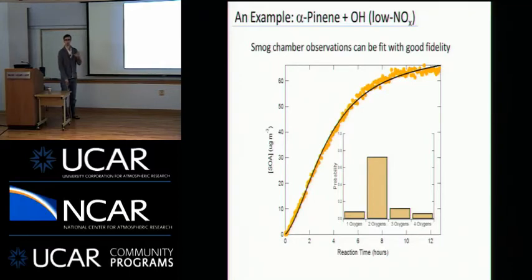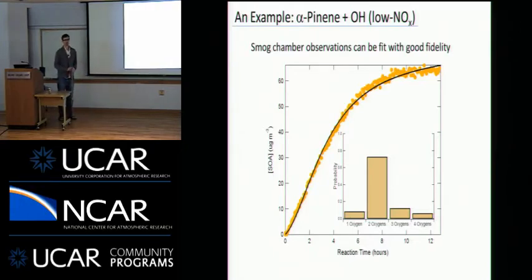And again, what we're adjusting is those 6 parameters: the 4 probabilities of adding 1, 2, 3, or 4 oxygens, the probability of fragmentation, and the decrease in volatility per oxygen added. Those are our 6 adjustable parameters in this model. And what I want you to take away is we can do a pretty good job of fitting the data, at least.